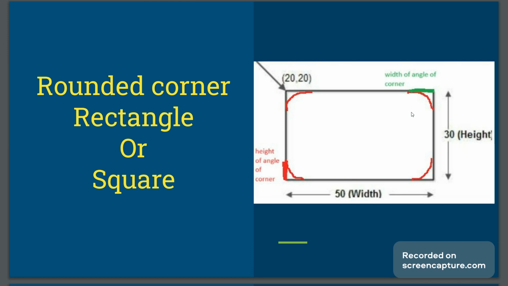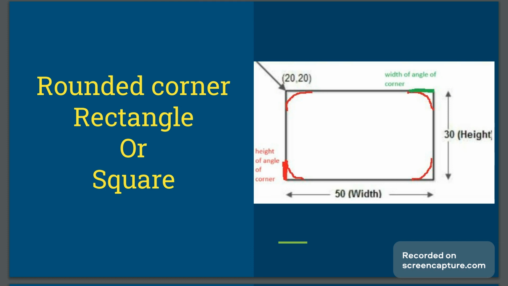Now for this rounded corner we need only two extra parameters. The fifth parameter will be the width of the angle of the corner. So from where we want to put a cut on the horizontal part of the rectangle, that width will be passed for the corner, and the last parameter will be the height of the angle of the corner, meaning the height at which we want to put a cut in the rectangle, that height we have to give.